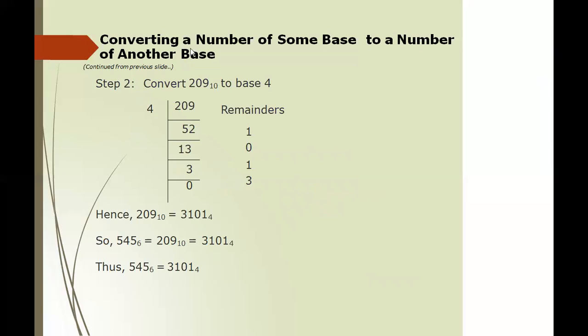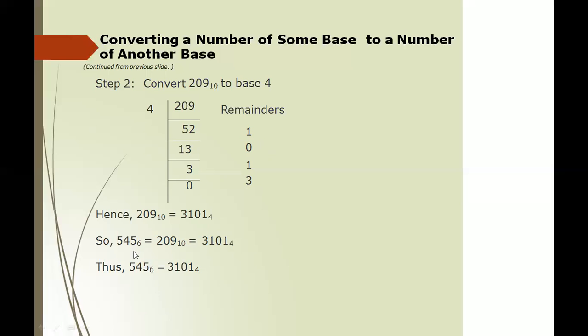Previously we saw that to convert this number to base 4, we divide this number by 4, and in the same way we divide again and write the result here, and if you get any remainder, then write this value on the right side, and after that you take the values from bottom to upper side, and write this value 3130 in base 4.